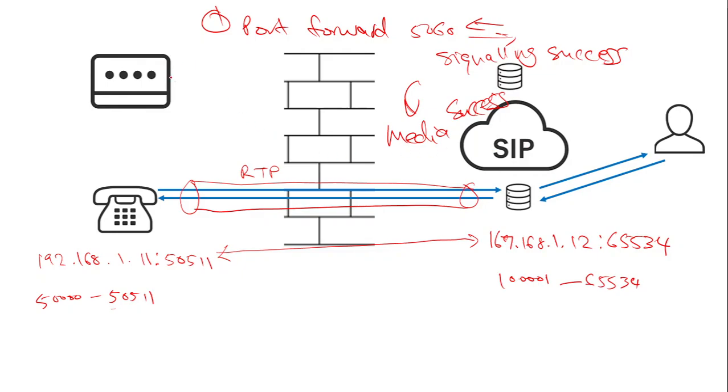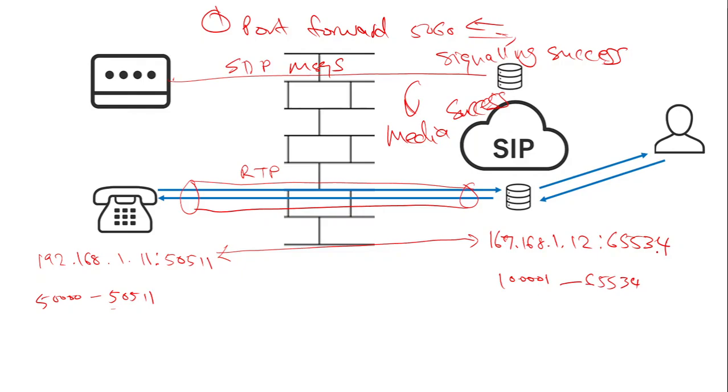So during the signaling, there were SDP messages that were sent across to each other. This microcontroller said, I am going to create an RTP path with this IP address and this port. And also the provider told Mitel that it is going to create an RTP path on the other end with this IP address and port 65534.